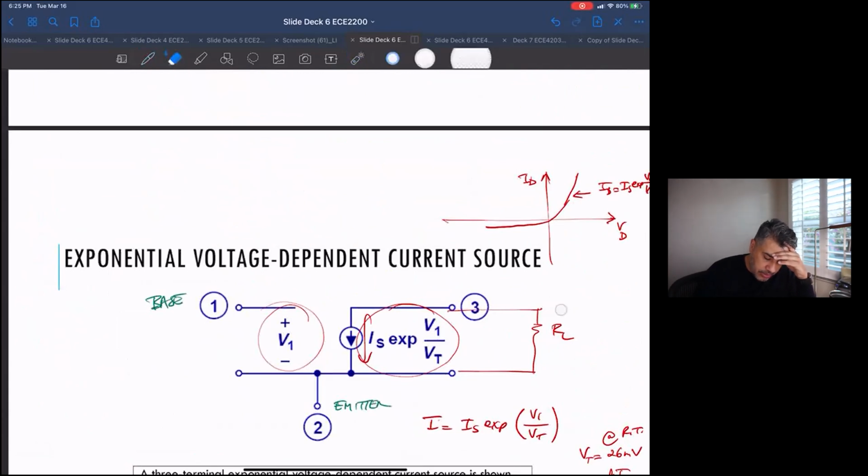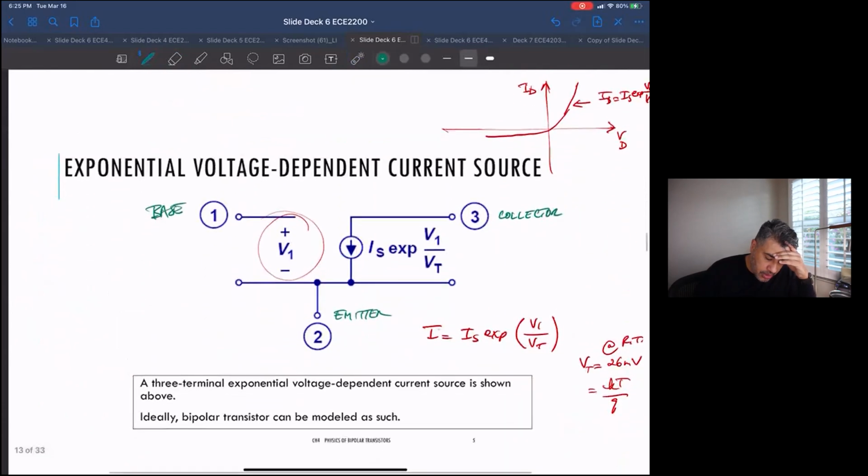I'm going to erase this here for now. Collector. So V1 in this thing would be the base emitter voltage.